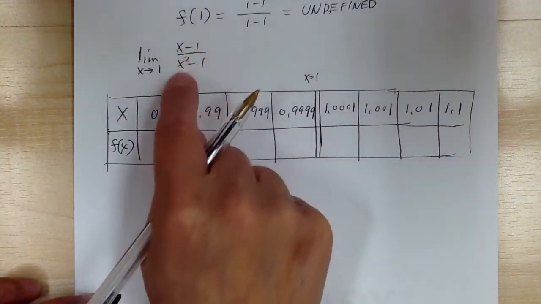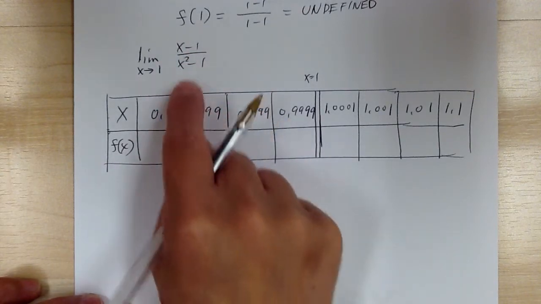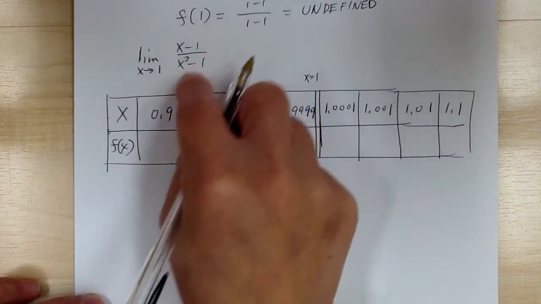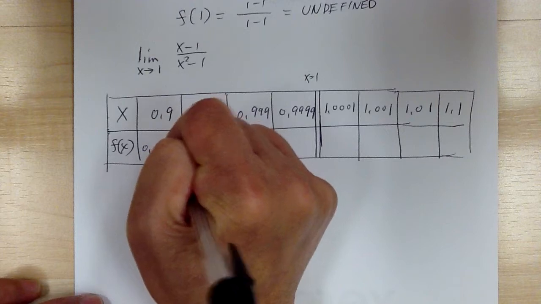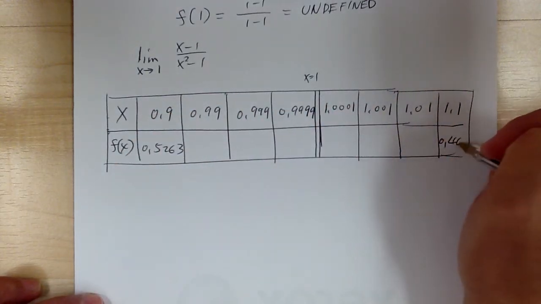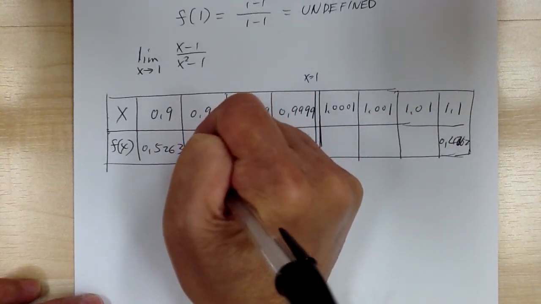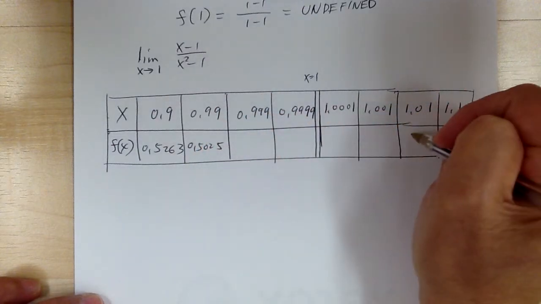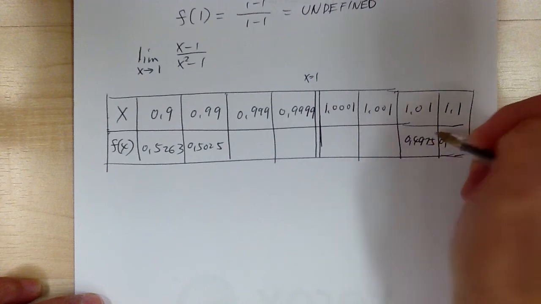So you use your calculator and evaluate this. When x equals 0.9, y is 0.5263 something. When you go 1.1, you get 0.4762. When you go 0.99, you get 0.5025, and when you go 1.01, you get 0.4975.